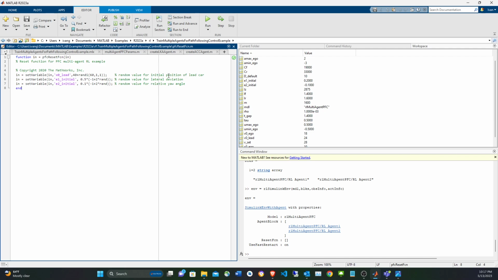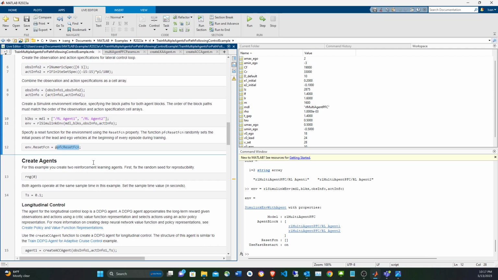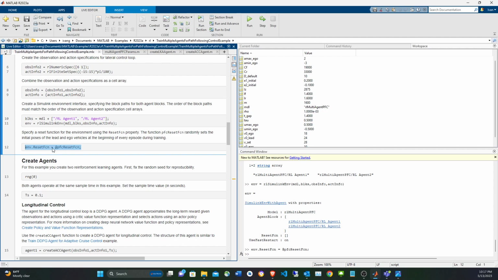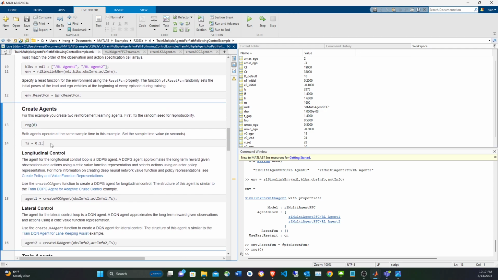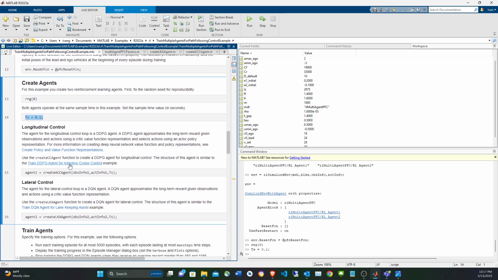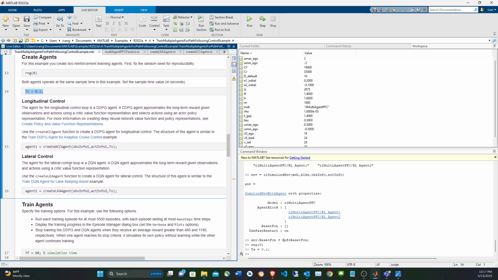So by randomly putting these different scenarios, we get different types of training for each episode during the training. Okay. So now we have the reset function. We're gonna use this RNG function to make this example reproducible, repeatable. We're gonna use a sample time of 0.1 seconds. Now we're gonna create the DDPG agent for the acceleration, and then the DQN agent.